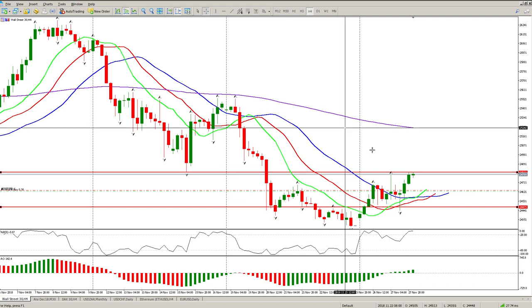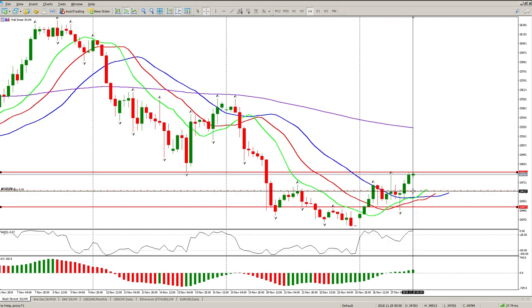So my risk there was 200 points. I've only gone in with 0.3 of a contract, and the reason for that is that was my risk.